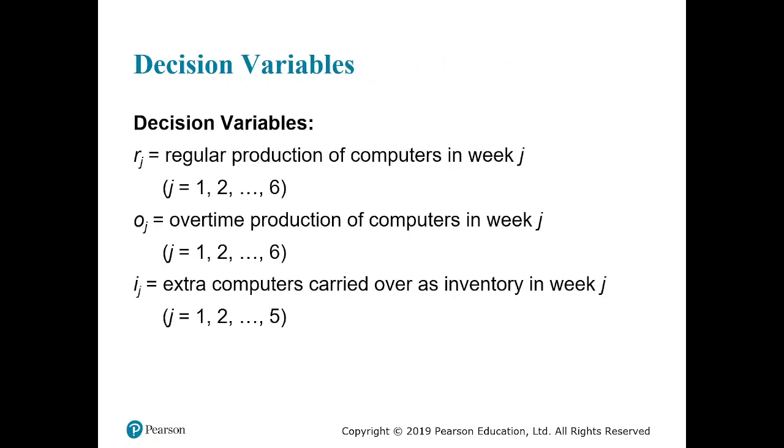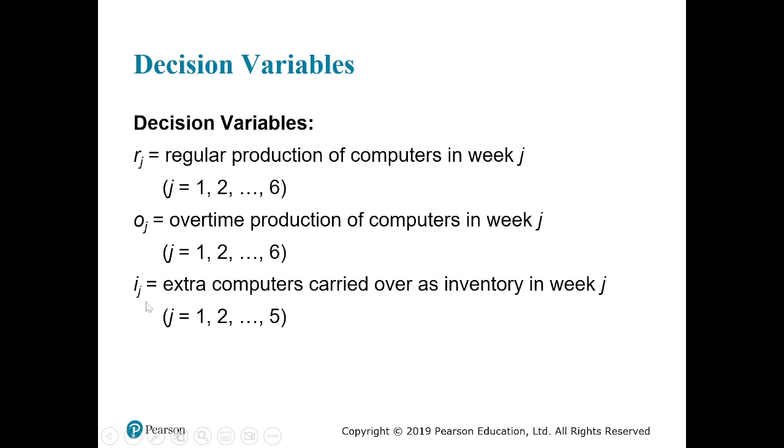And Oj is the overtime production of computers. Let's say the demand is very high, 160 is not enough, and you need to add more. This is where you put the Oj. You use the overtime production, and of course the cost is actually higher.